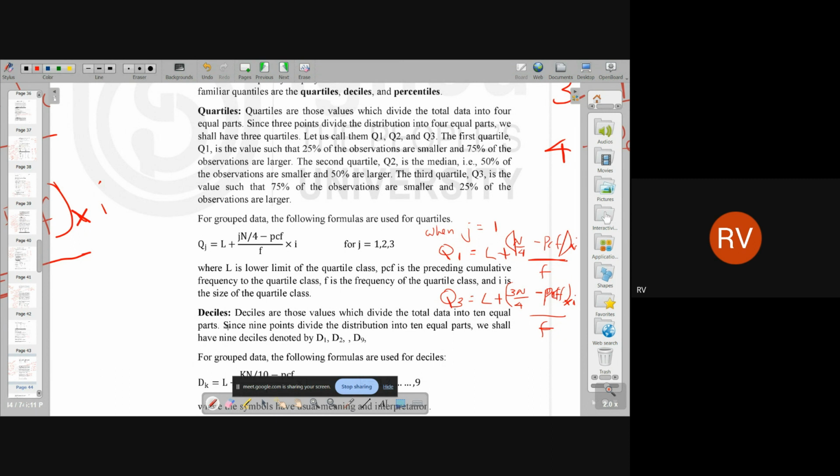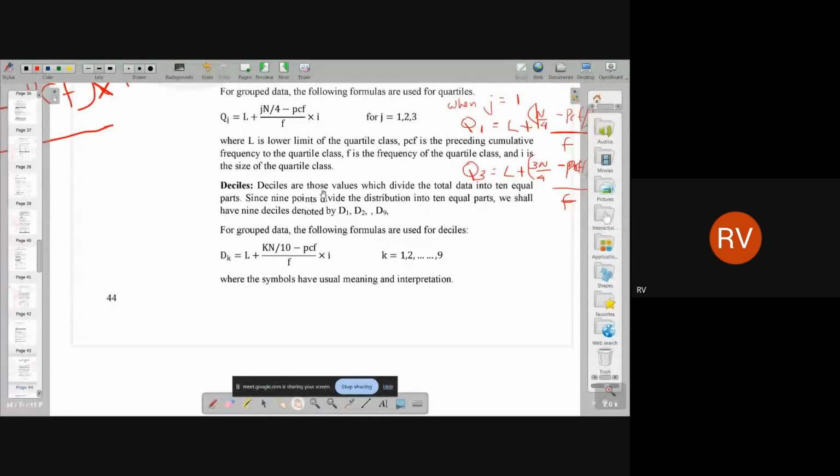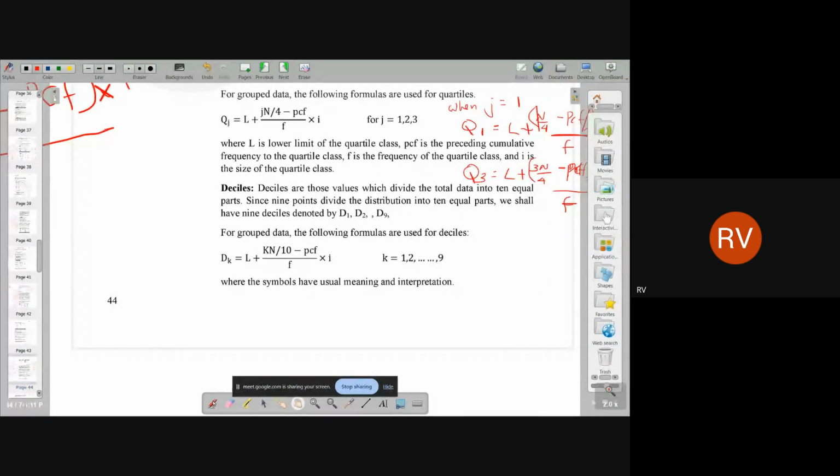Next, deciles. A decile means the whole group is divided into 10 parts.